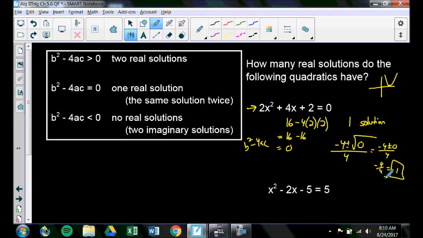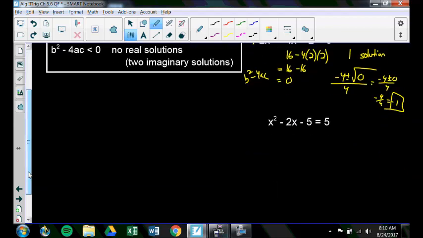x squared minus 2x minus 5 equals 5. Quadratic formula only works when you're equal to 0. b squared minus 4ac would be 4 minus 4 times 1 times negative 10, which is 4 plus 40, which is 44.